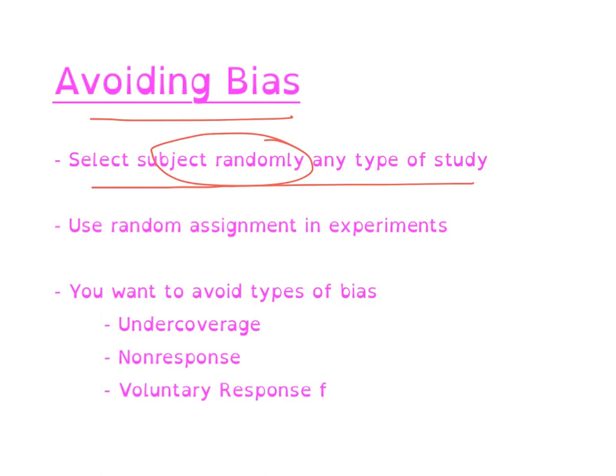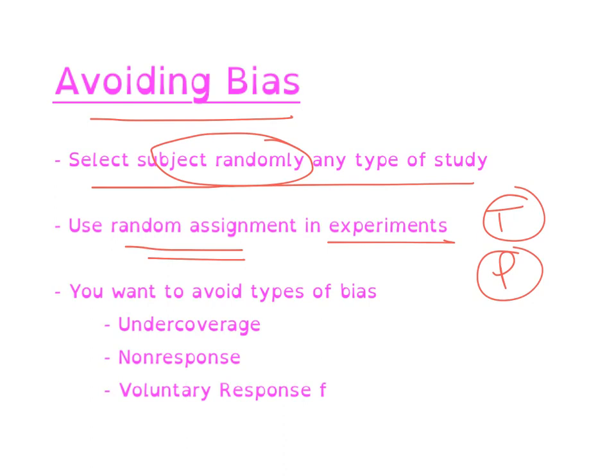You want to make sure that everyone has an equal chance of being selected for the study. You also want to make sure that you use random assignment in experiments, because if you are grabbing a group of people, you want to make sure that every single person has an equal chance at getting one treatment or the placebo or another treatment. There could be more than one treatment.